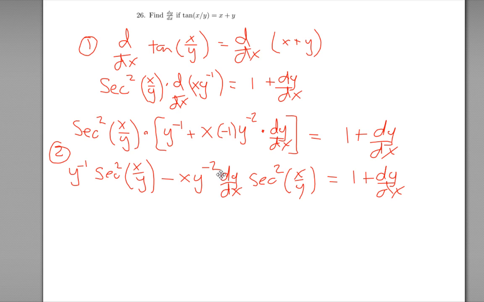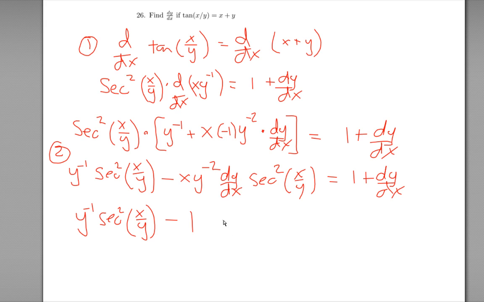You put everything that you're trying to isolate on one side and everything that doesn't have that thing on the other side of the equation. So let's move everything with dy by dx to the right hand side, everything that doesn't have a dy by dx to the left hand side. So this is y to the negative 1 secant squared x over y. Fine. So that's on that side. This has a dy by dx, so I'm going to leave it there, minus 1.